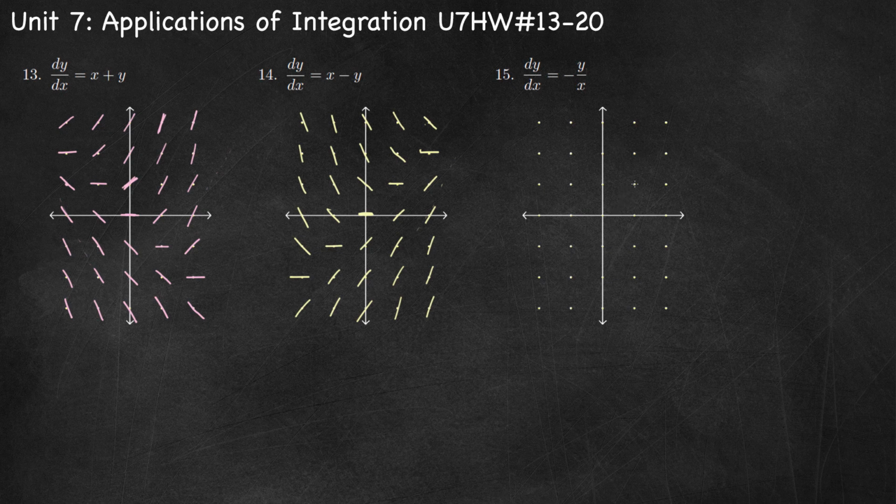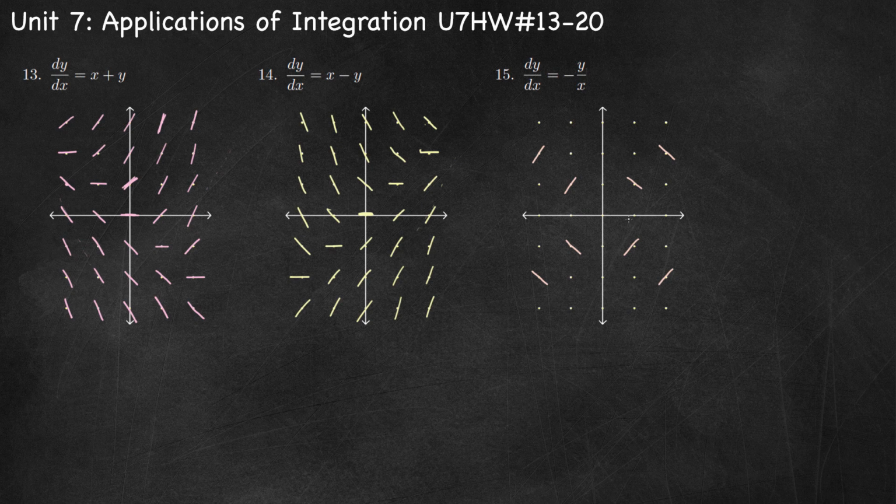When x and y are both 1, the slope is -1. When they're both 2, the slope is -1. When they're both -1, the slope is -1. So when x and y are the same, the slope is -1. When they're opposite, the slope is +1. So 1, -1, -1, 1, -2, 2, 2, -2.